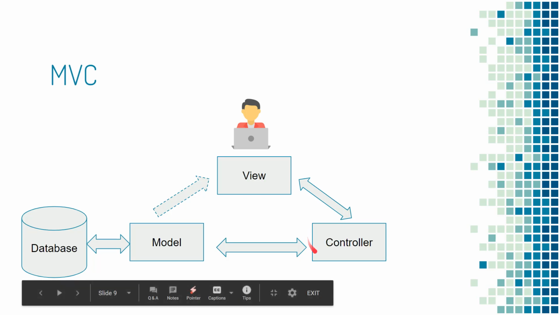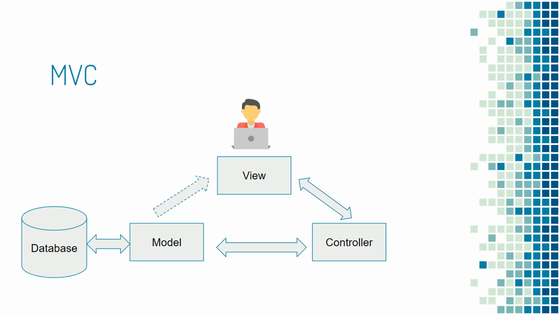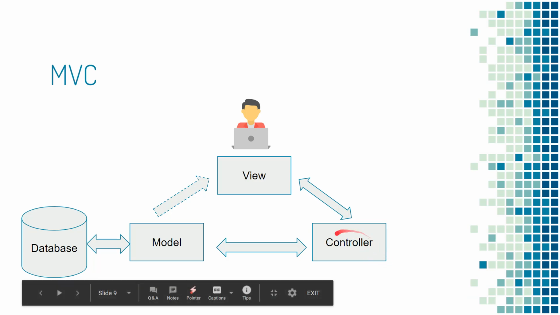In the controller, all the business logic will reside. All your code, the logic and the business logic, should be placed in this area. If your system requires access to the database, then the controller will send a request to the model.